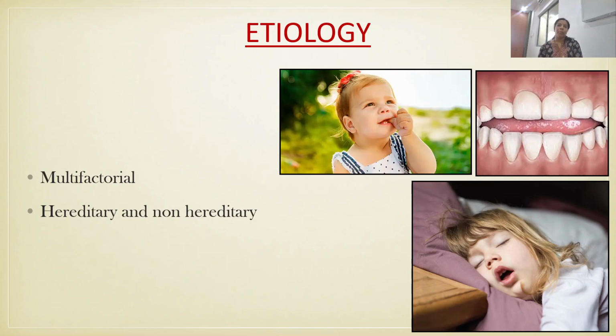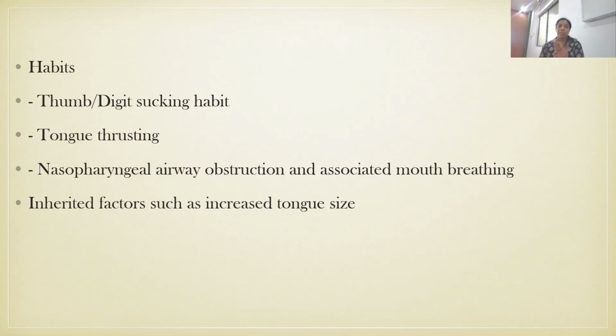The etiology of open bite. Actually, we can't pinpoint an etiology to the open bite. It's considered as multifactorial, hereditary and non-hereditary, means environmental factors also play a role in developing open bite. One of the main culprits which lead to the anterior open bite is habit, and many habits are there, among which thumb sucking and tongue thrusting become the most common culprits in developing anterior open bite.